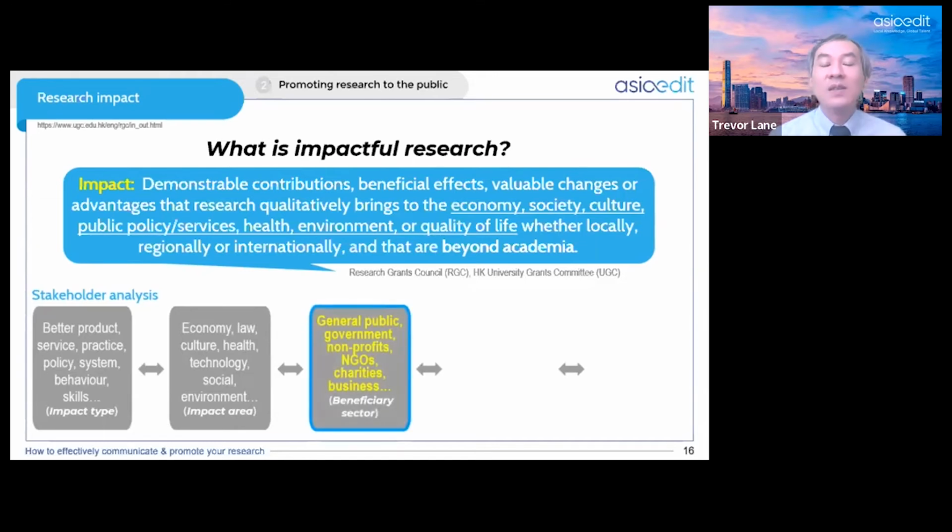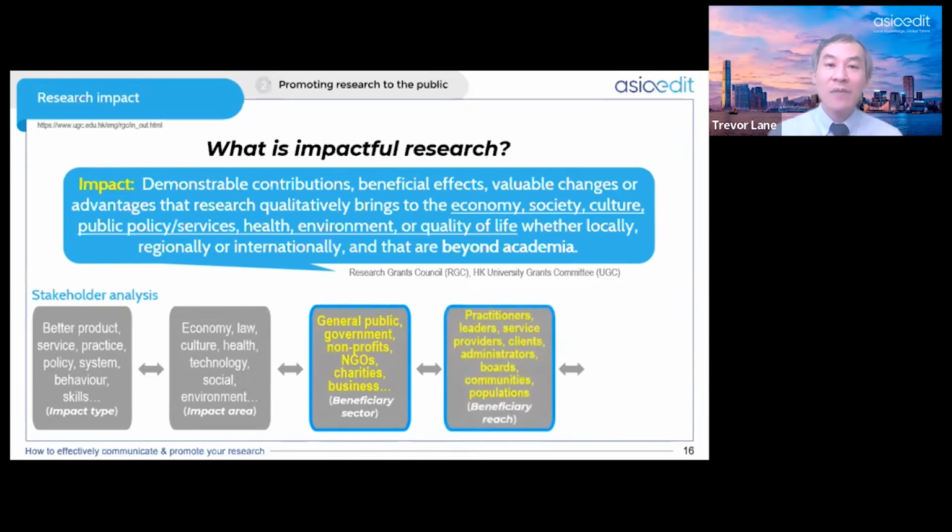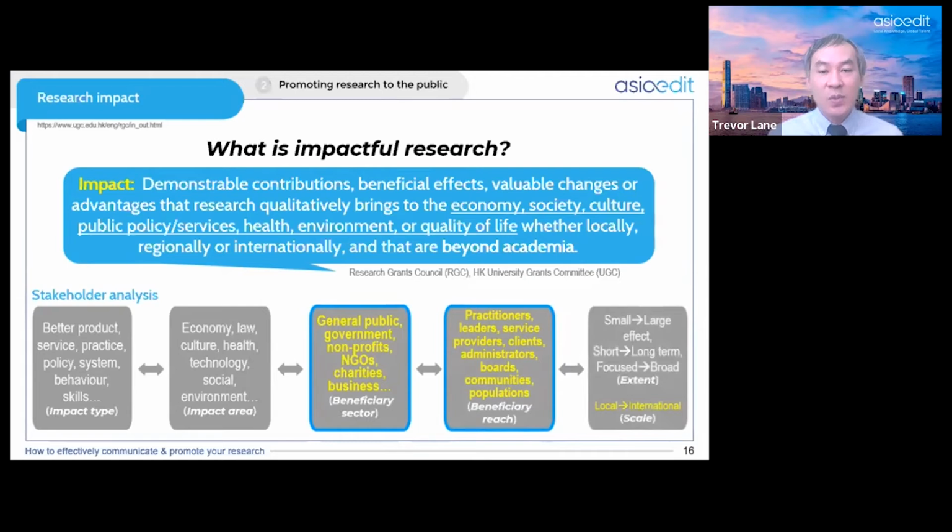The people, so is it the general public, or is it the government sector, the NGO, non-government sector, business, charities? And then the level, is it individuals or groups or communities or whole countries? And then is it going to be a small effect, large effect, local or international? So think about the impact that your work could have, then target the audience, the users.